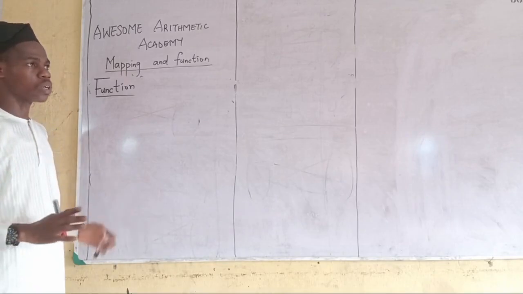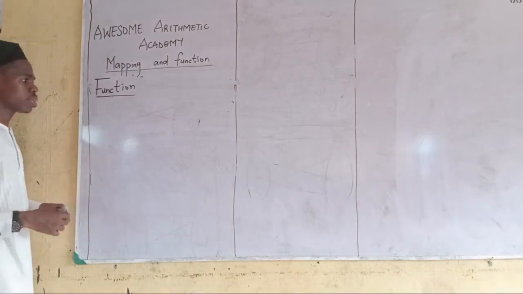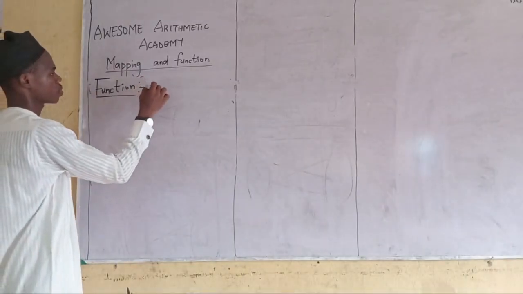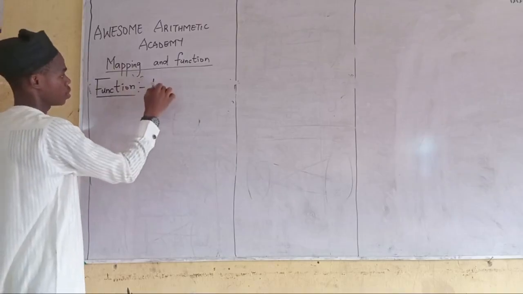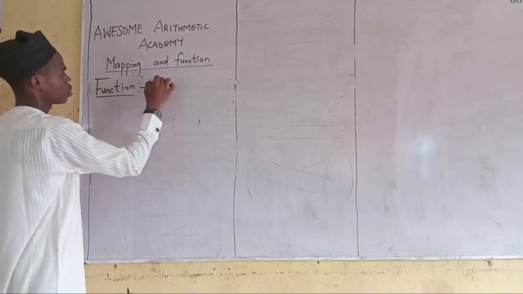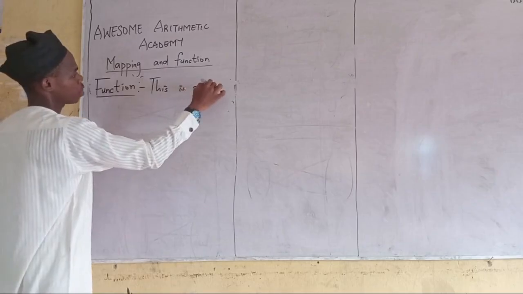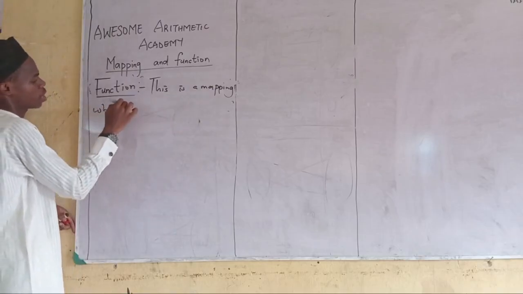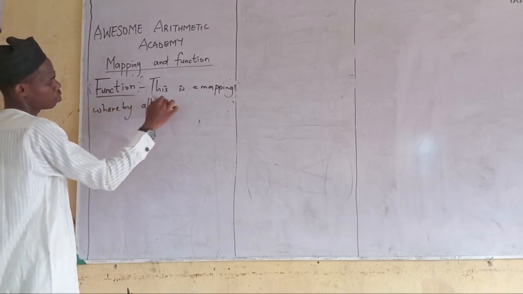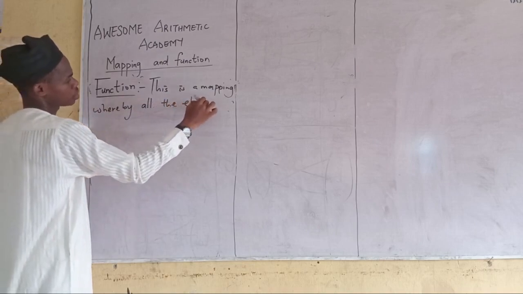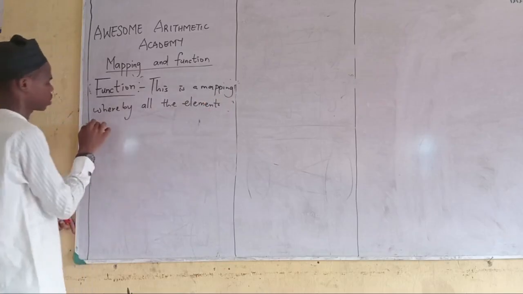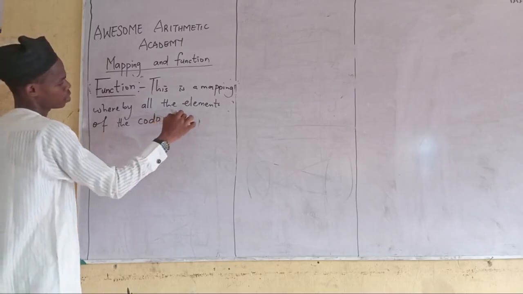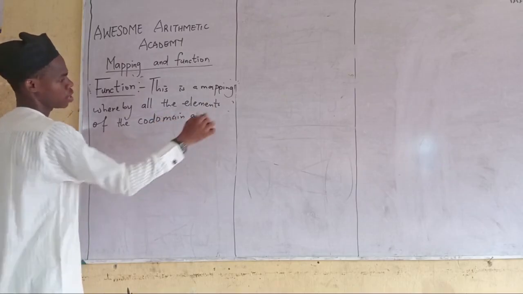And in that case, we are going to be looking at some things here to see how it works. So now, I can just say this is a mapping whereby all the elements of the codomain are numbers.